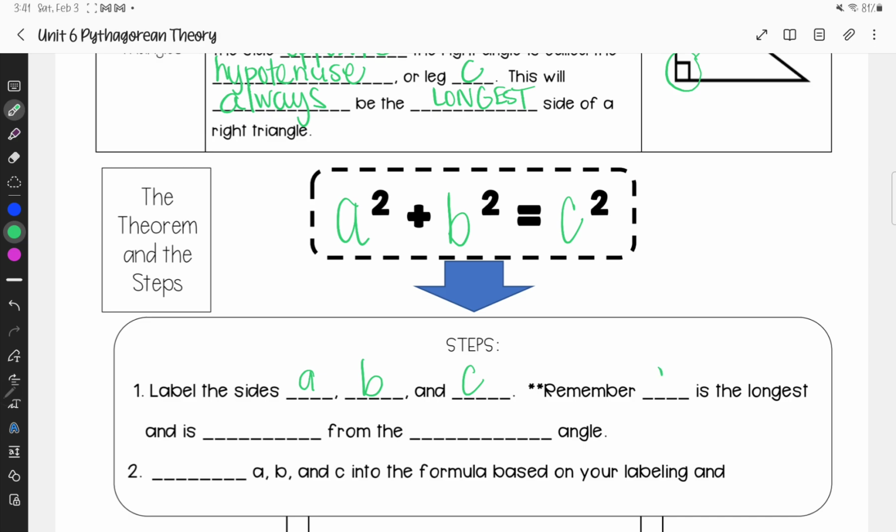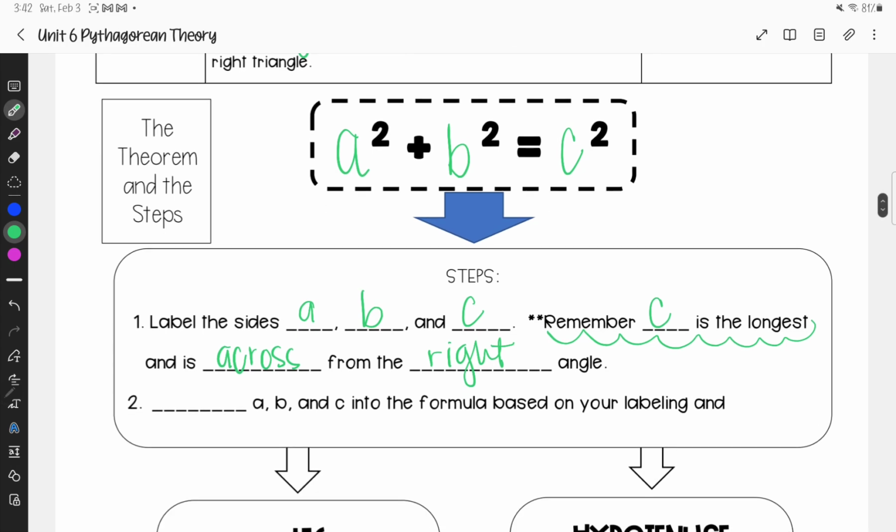C has to be the longest side. So C will always be the longest, and it is across from the right angle. It's not ever touching the right angle. Once we've labeled A, B, and C, we're going to plug it in to our equations, our formulas.